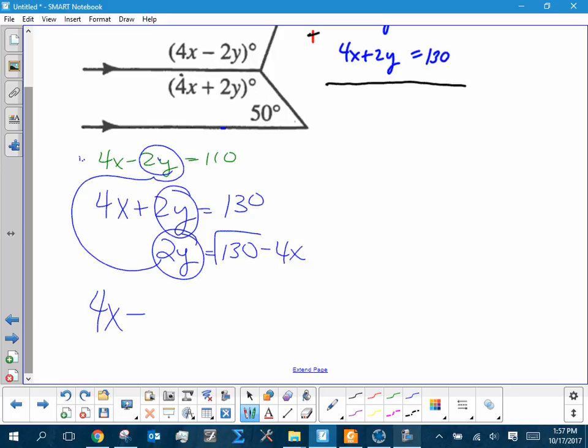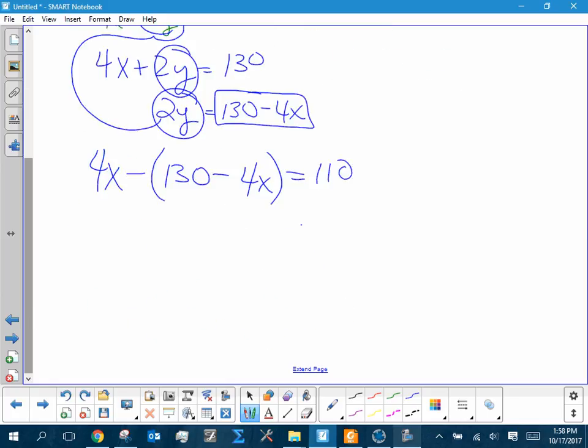Well, now I've got to subtract this, because they were equal, right? So I'm subtracting two things. So I need to make sure that I realize I'm subtracting the 130 and I'm subtracting the negative 4x. If you don't do that, you're going to run into some issues. Okay? But what's going on here now, so it's going to replace with a quantity. I got to make sure I put parentheses around it, because what's that tell me to do with that negative?